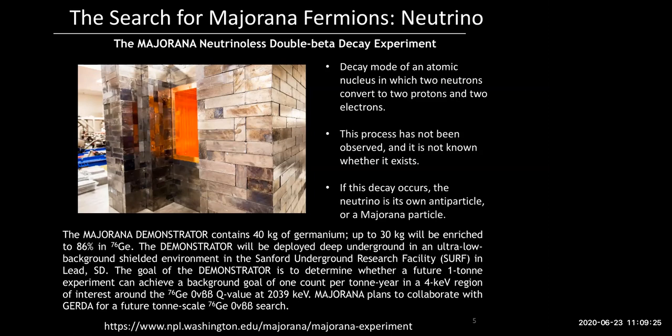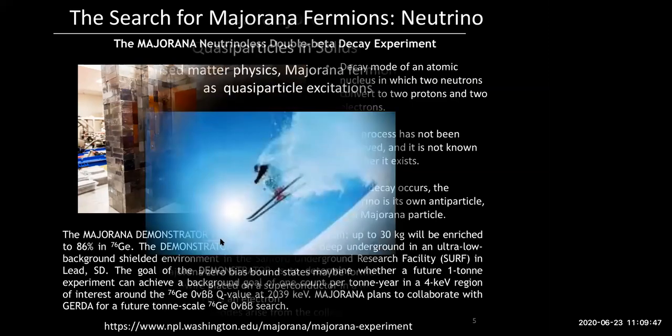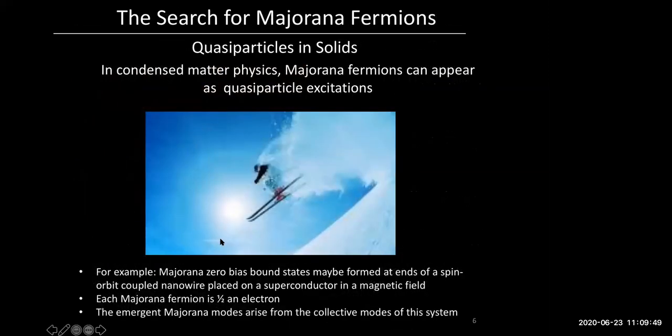The one thing interesting about this demonstrator is that all it does is set the stage for an even bigger system, which will eventually demonstrate whether neutrinos are Majorana particles or not. So this one does not do the trick. So the question is, are there any other ways to realize Majorana modes? And of course, one way we know now is by looking at quasiparticles in solids.